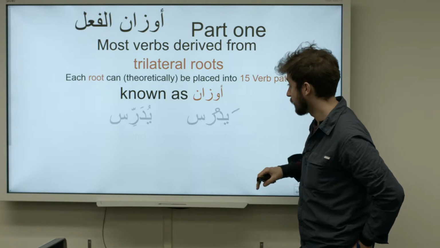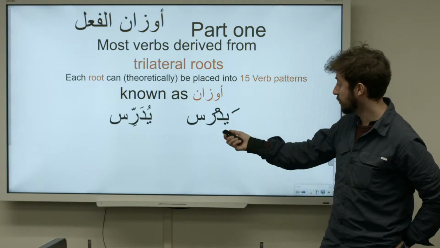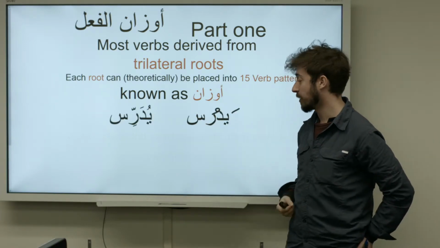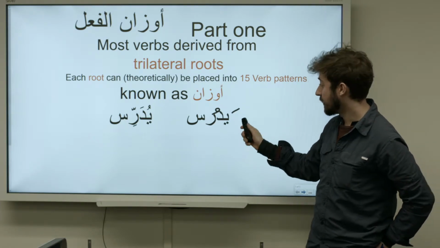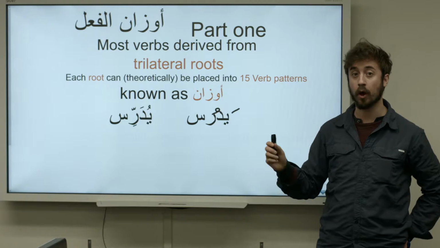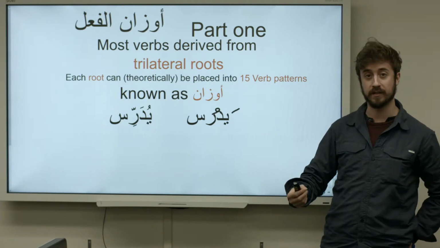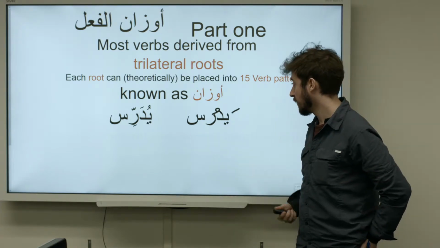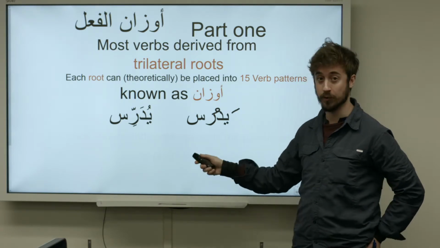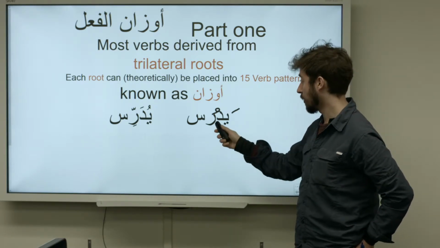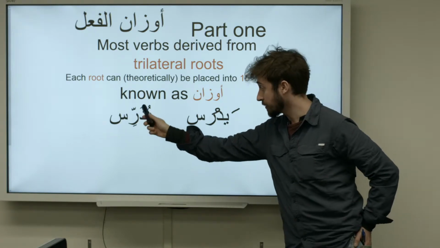Just to illustrate this concept, we can look at two words that are different, but also really similar. We have yadros and yudarris. If you listen to me say that, or just look at those words, you can tell they're similar because they have the same root, da ra sa.